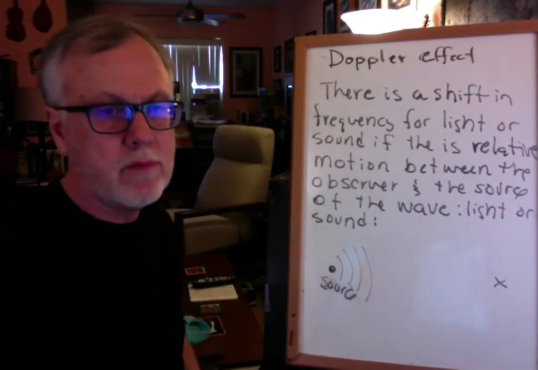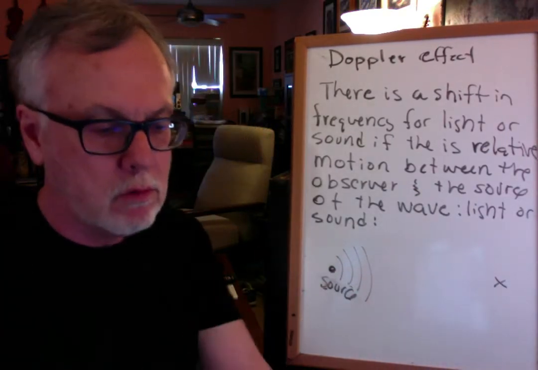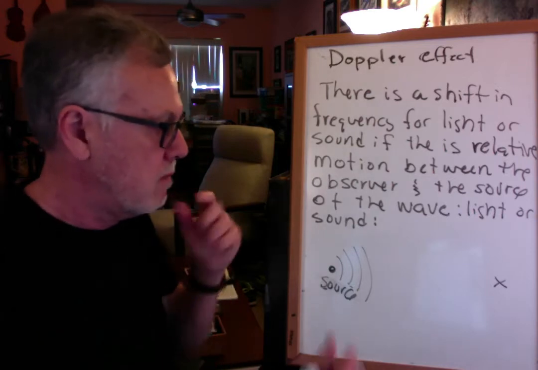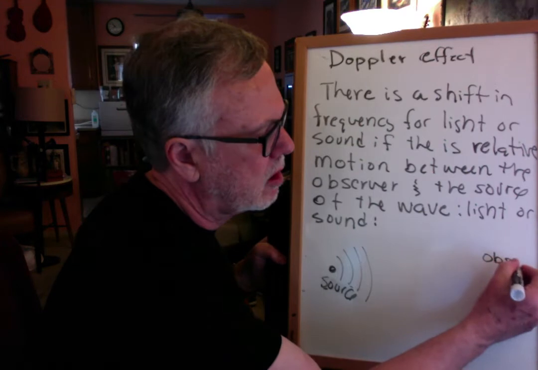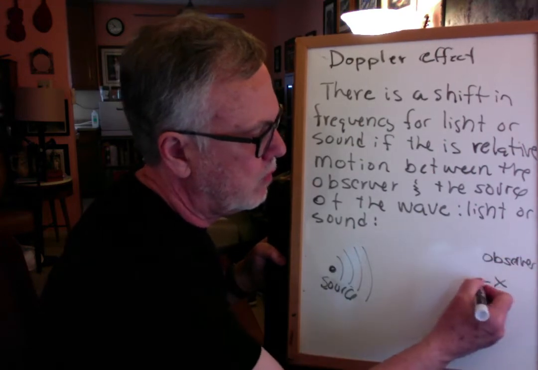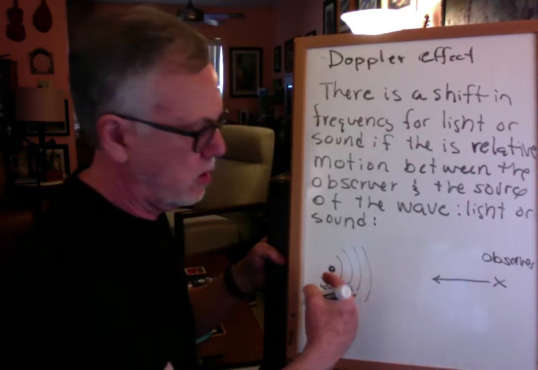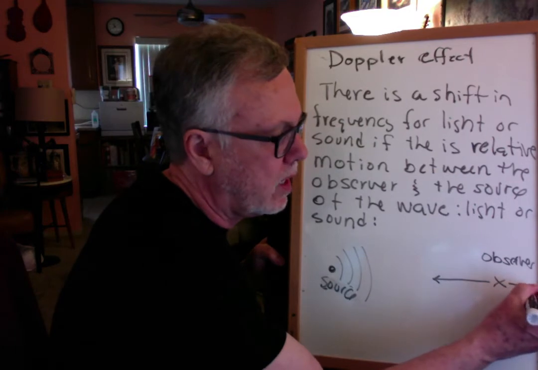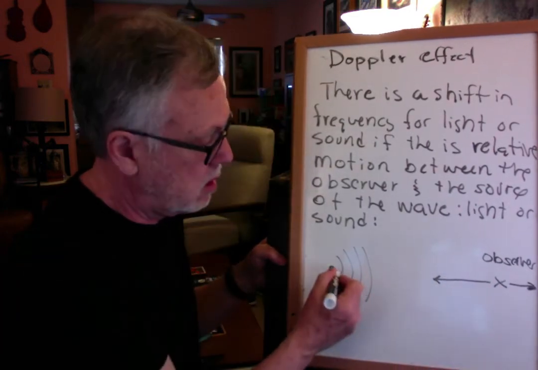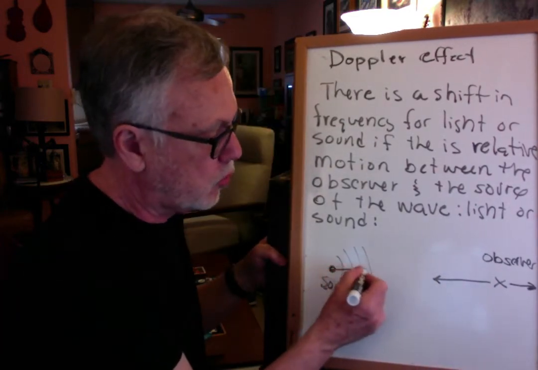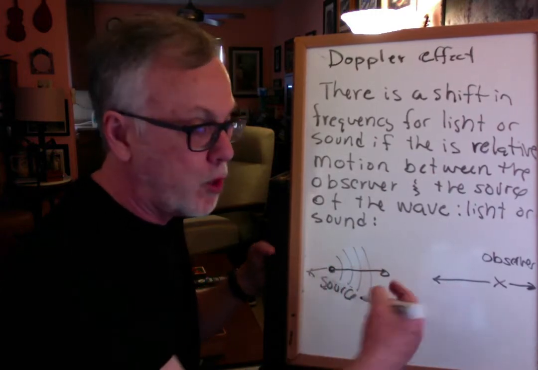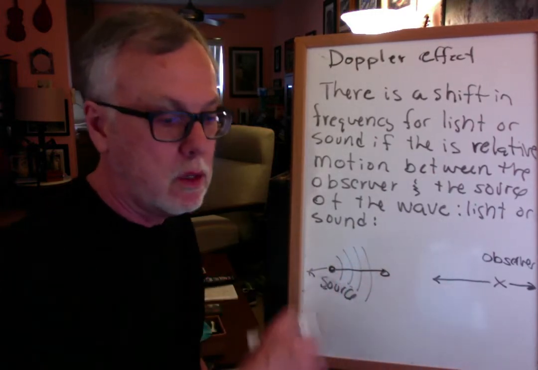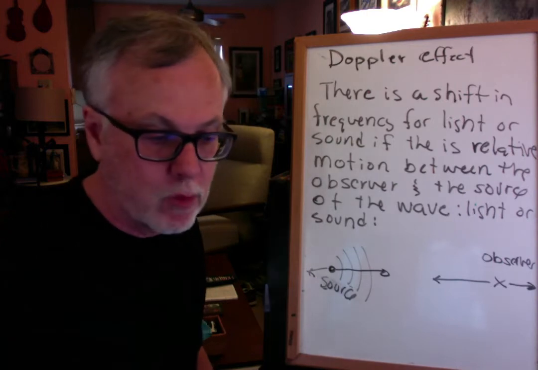Then the relative motion really could be the observer could be moving directly towards the source of sound or directly away, or it could be the source of sound directly toward the observer or away, or both of them moving directly towards one another or away from one another.